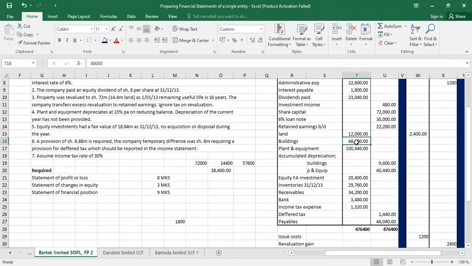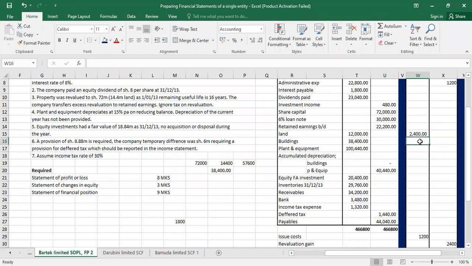So this will be our starting cost, 38,400. And here our depreciation will be 0, isn't it? We'll not have the depreciation. So from 72,000 minus 14,400, you get 57,600. So buildings were revalued to 57,600, isn't it?